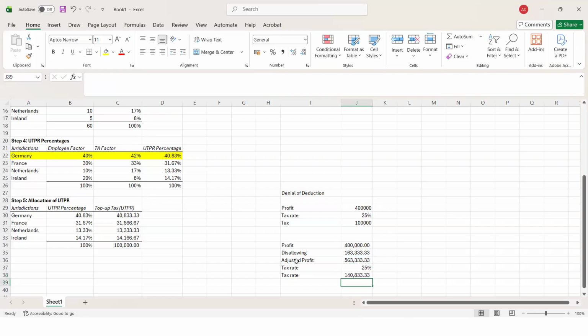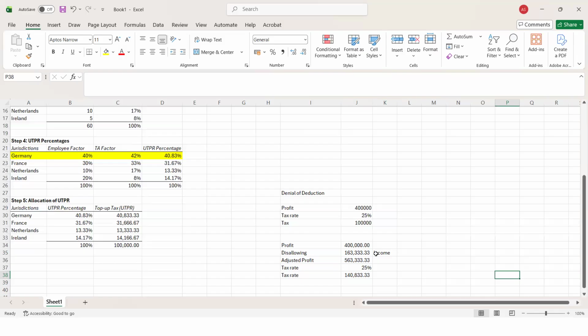Now, did I collect the 140,000? Did I collect that 40,000 also by means of denial of deduction? Yes. Now, I don't need to deny either. I can add this as income. It would give the same effect. That's what they say: either denial of deduction or any equivalent adjustment, like including income or a direct tax charge.